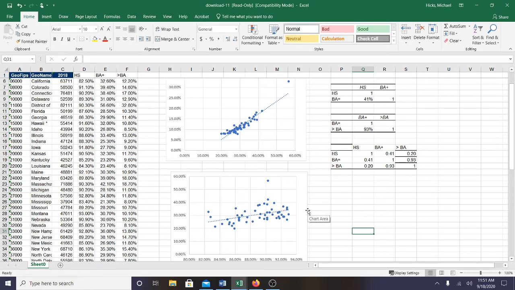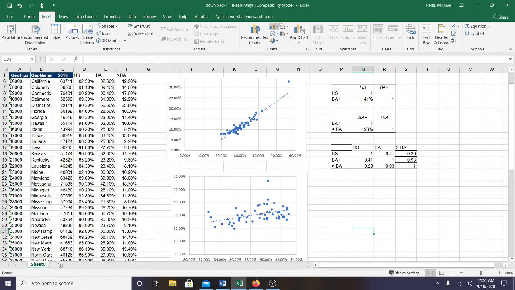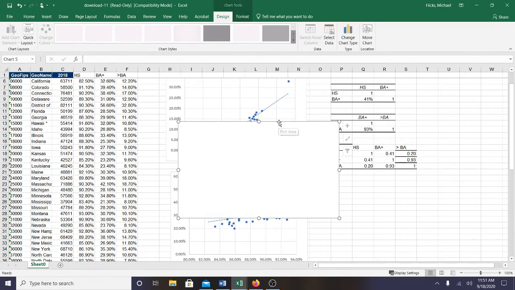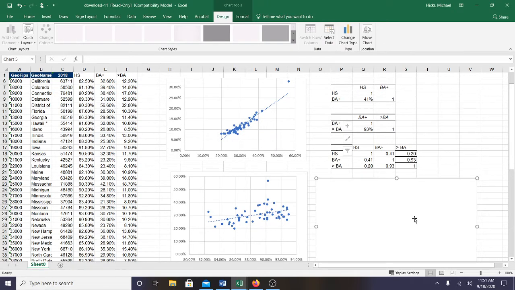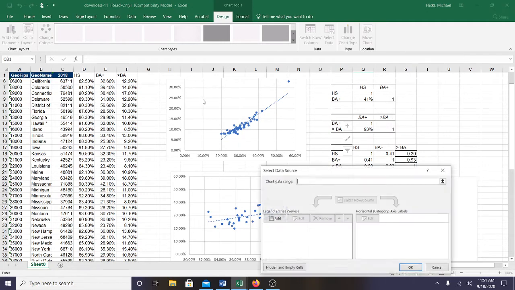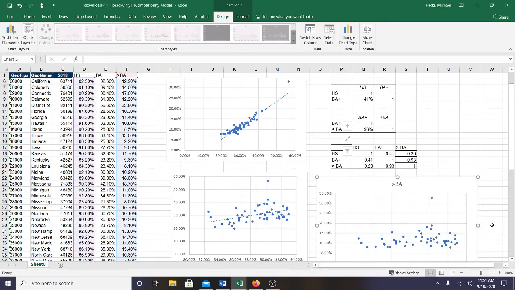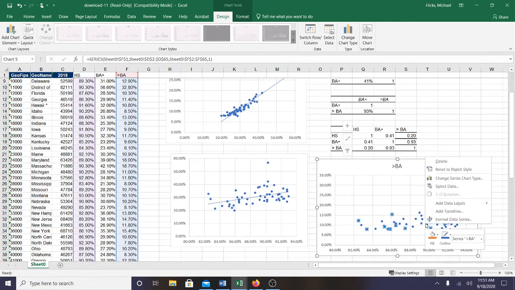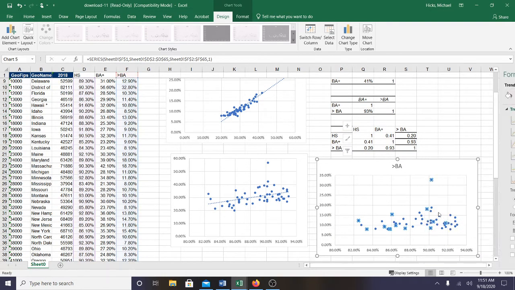And when we go off to a third chart, we see in this case even less correlation. So let's select the data of high school and BA plus, and then we have even more variation in that data.